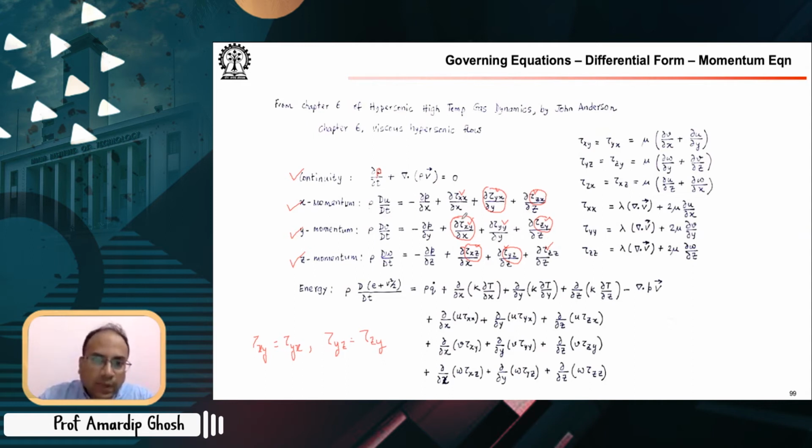Now what happens is you have a lot more unknowns than the number of equations, which is only 4. Just the shear stress terms, because these are the stresses. Stress is like force per unit area. You have 6 shear stress terms, and we have just 4 equations.